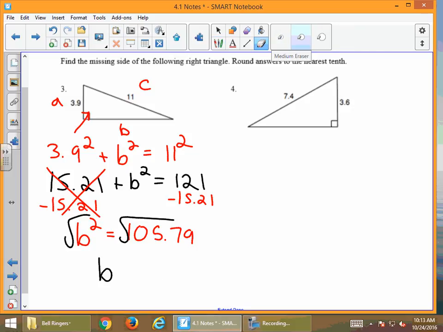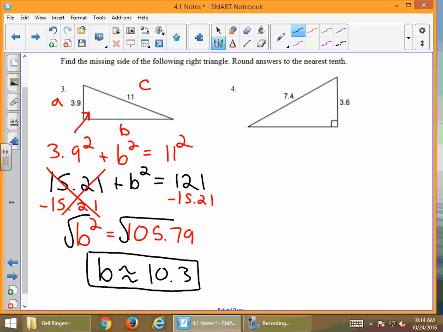And since I'm rounding, it's going to be approximate, with double squiggles. So when I do the square root of 105.79, what is my approximate answer? 10.3. It was 10.28, is that what it is? So it's approximately that, and there's my answer. B is approximately 10.3, rounded to the nearest tenth, one decimal place.